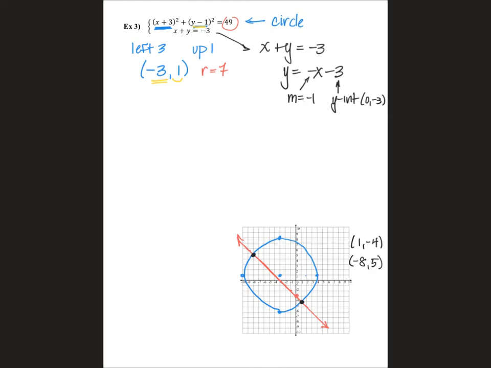We can check these solutions by solving this system by elimination and substitution. However, I'm going to encourage you to go to that program or that website, desmos.com, and see if those are the points or ordered pairs where those two graphs intersect.